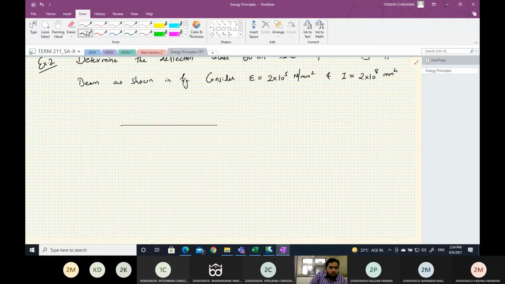Beam with A as hinged support and B as roller support.